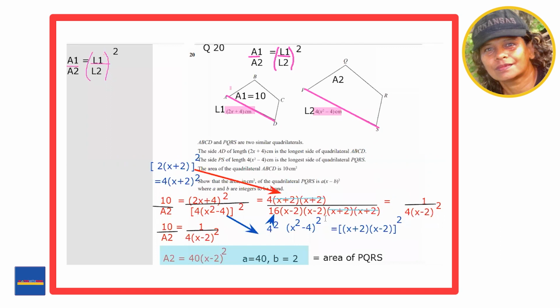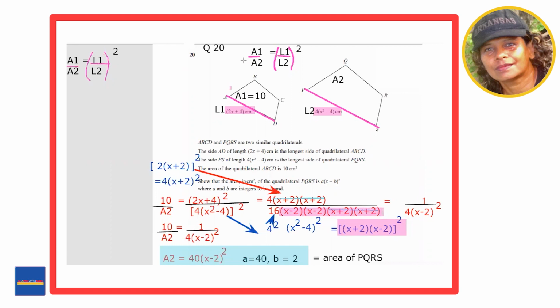So finally, I'm going to write 4 squared as 16, and x plus 2 into x minus 2 squared can be written as x minus 2 into x minus 2 and x plus 2 into x plus 2.